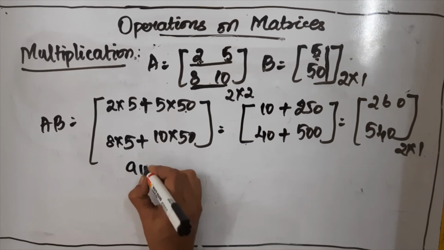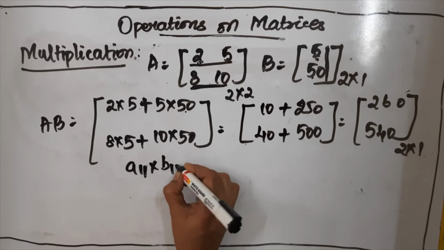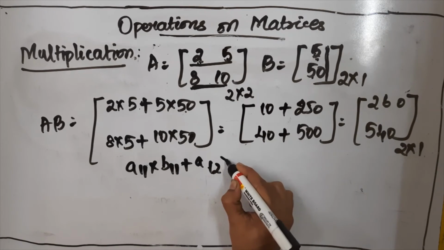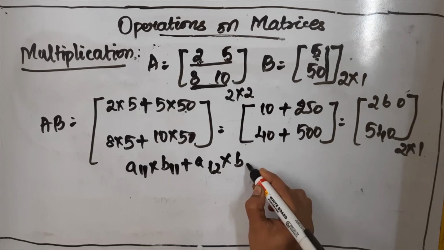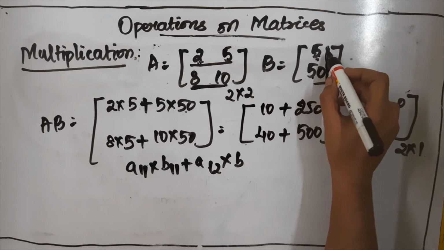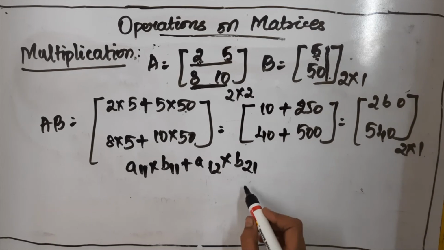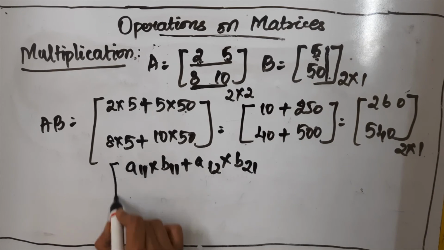This is A11 into B11 plus A12 into B21. Second row, first column, B21. Okay.